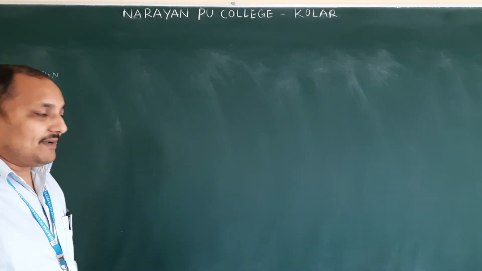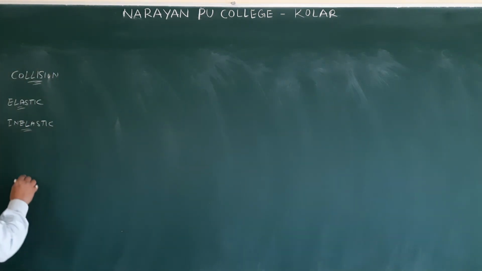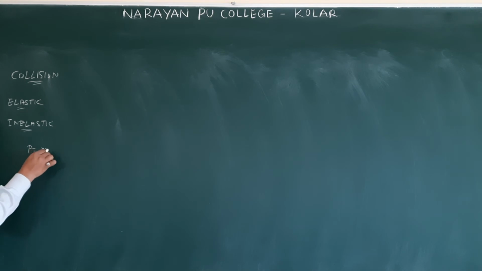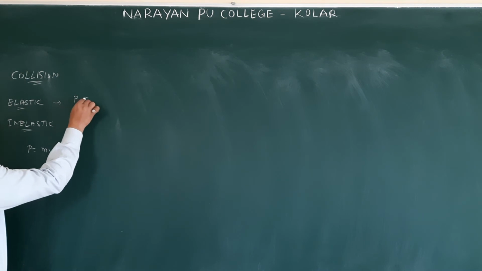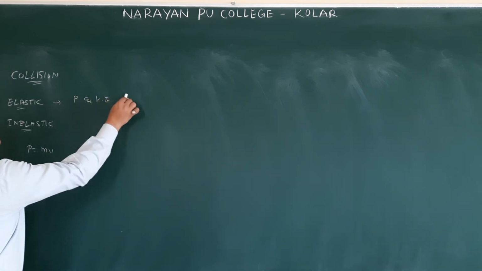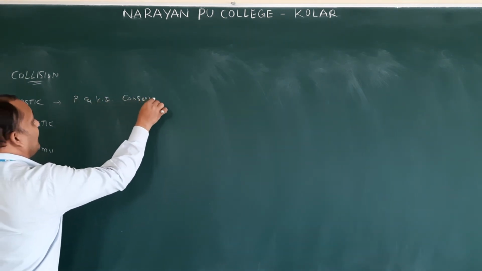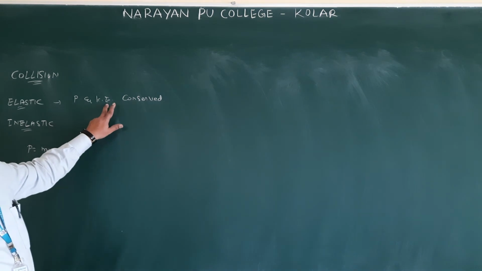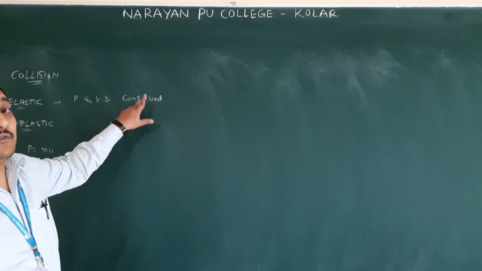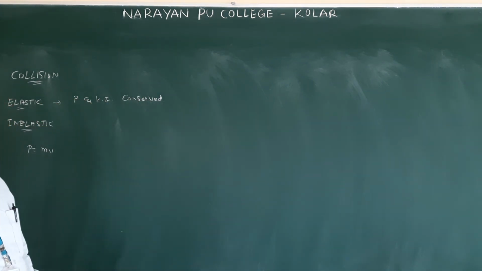Generally, momentum is nothing but the product of mass and velocity. A collision is said to be elastic if both momentum and kinetic energy are conserved during the collision.